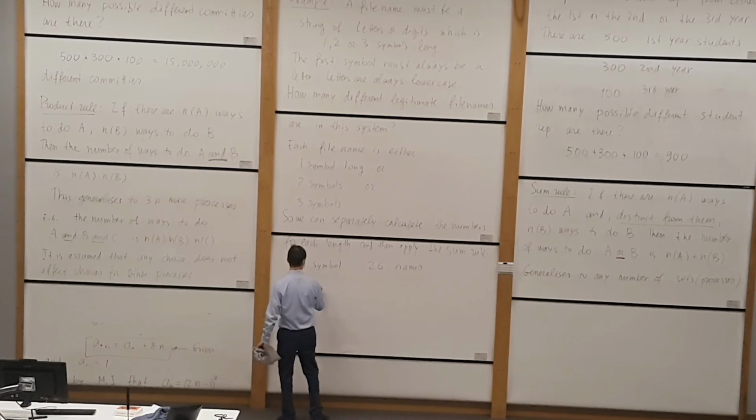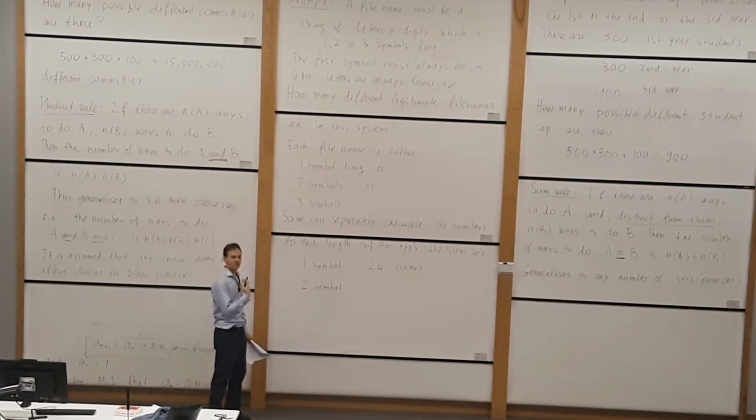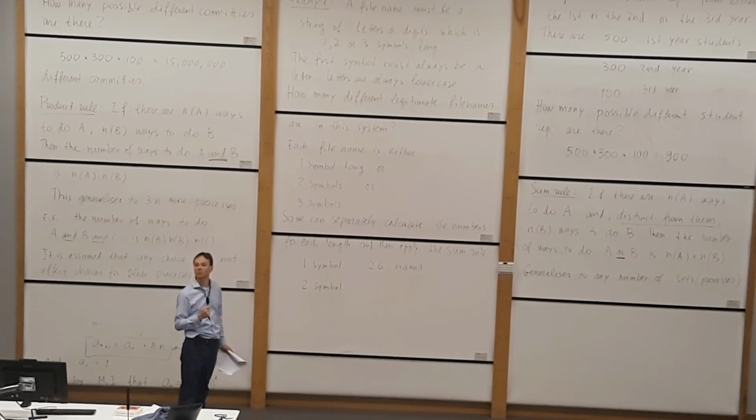Now, for two symbol names, I have to choose the first symbol and I have to choose the second symbol. Both choices are independent. Regardless of what I chose for the first symbol, I still have the same number of choices for the second symbol. So here we're going to use the product rule.